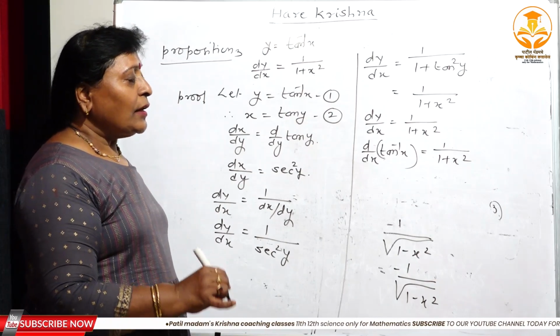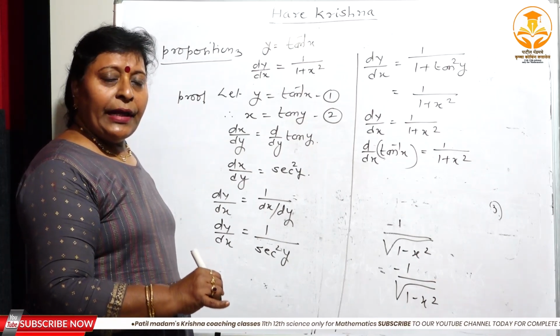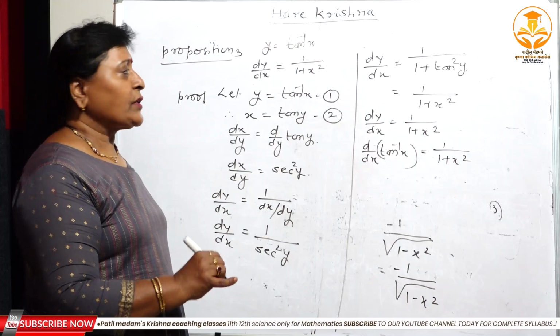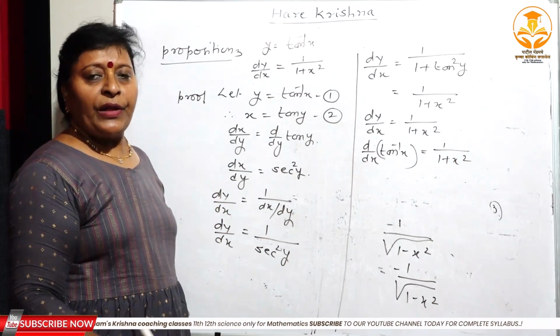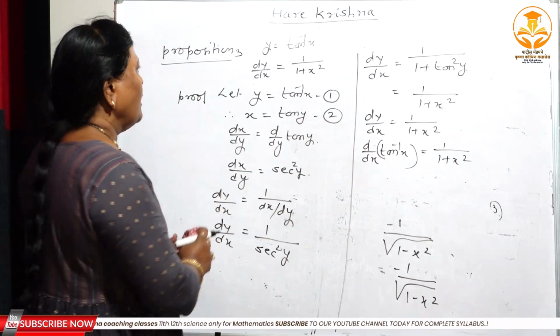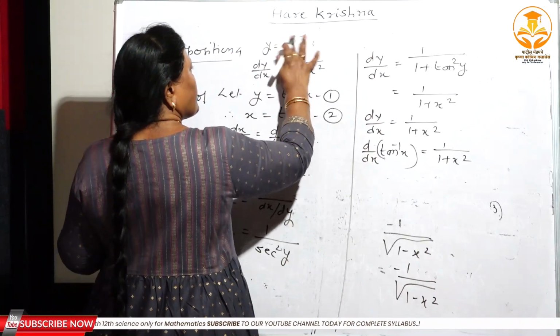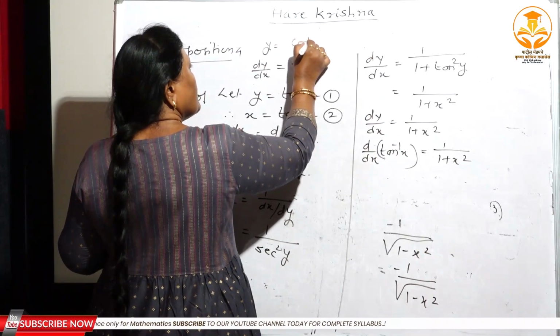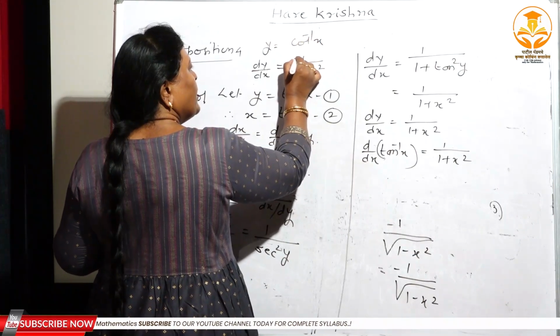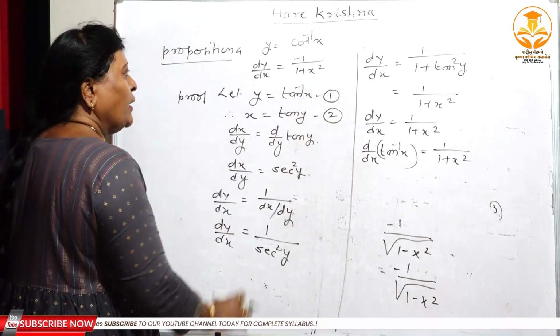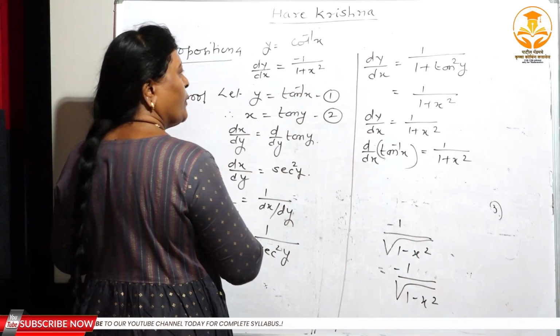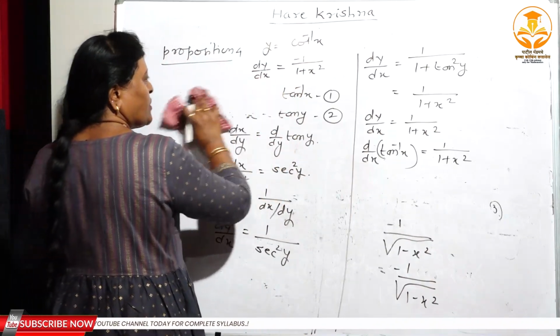That is the third formula of the derivative of the inverse function, and that inverse function is tan inverse x, isn't it? Now, let us take the fourth proposition, cot inverse x. See cot inverse x, and there is only one change, minus. So dy by dx is equal to minus 1 upon 1 plus x square.